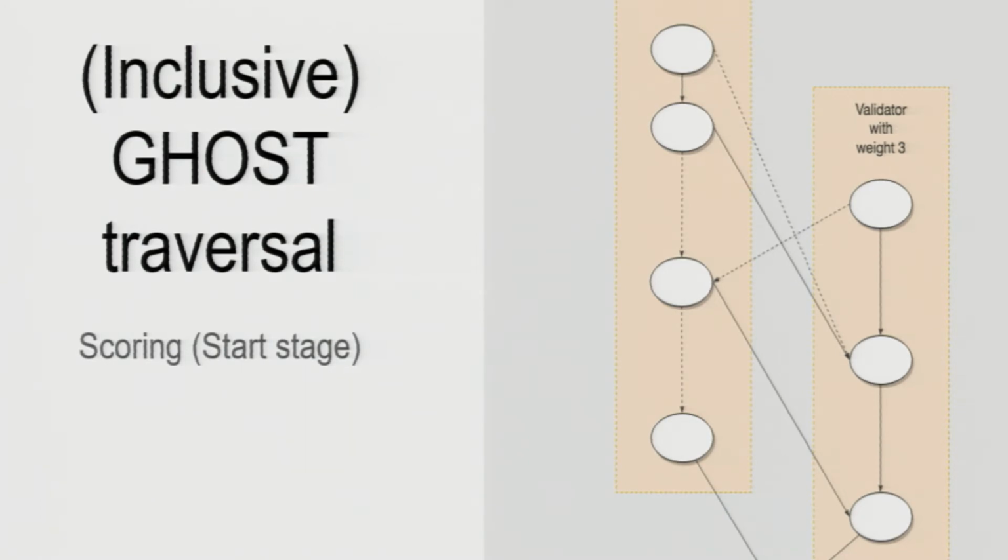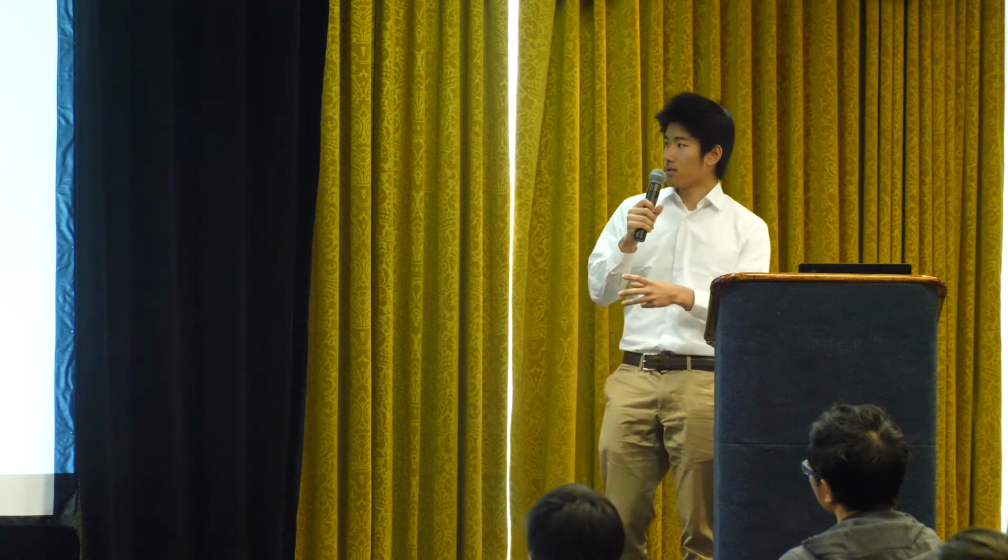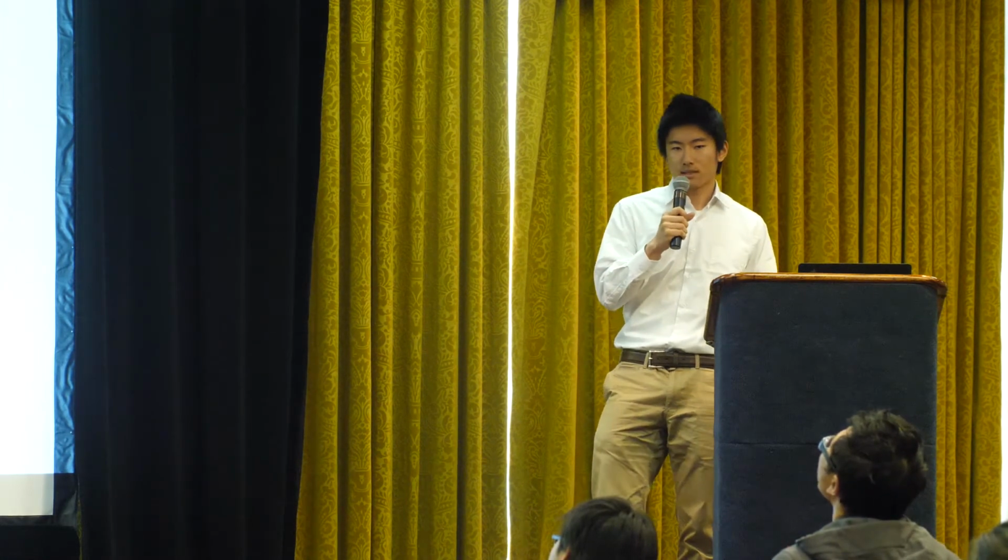First of all, the perspective of this diagram is such that we're viewing it from an attacker's view, so to speak. Another way I like to view it is from the perspective of a validator that has almost 0 weight and is looking at this. If we zoom in, you see a bunch of ovals which represent blocks.